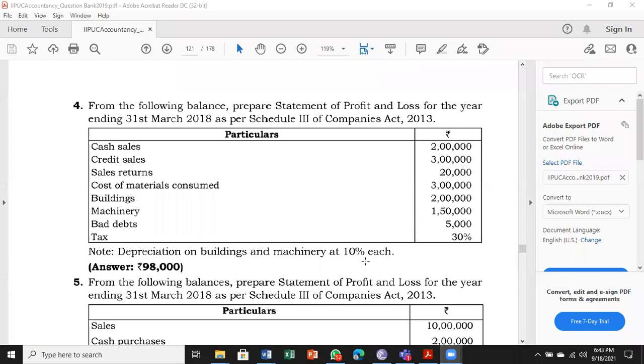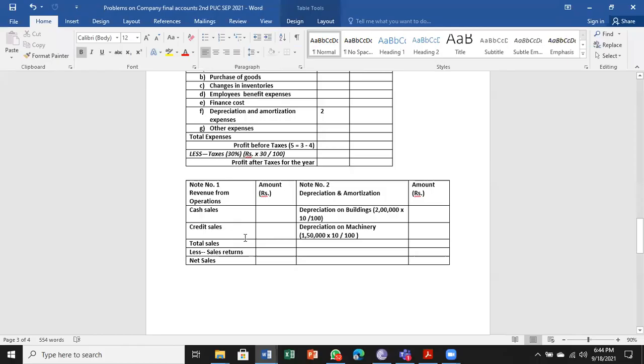So even though we don't enter 2 lakhs and 1,50,000, that is the buildings and machinery, on that we calculate the depreciation in the depreciation and amortization heading. So these are the few new things in this problem number 4.